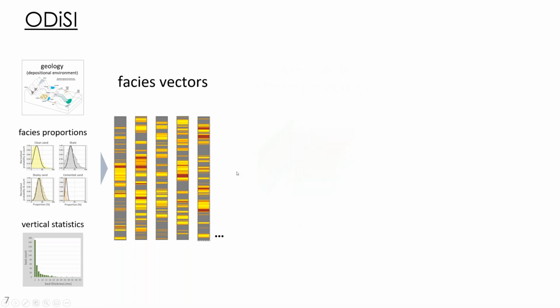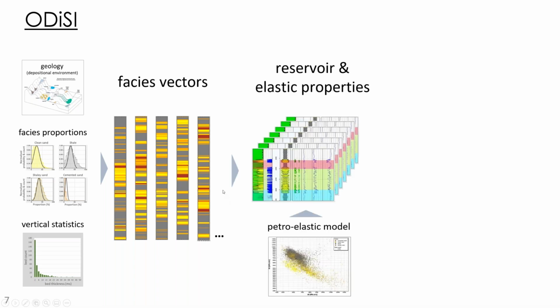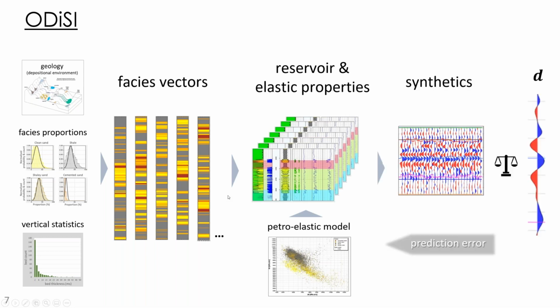We assign elastic properties to them from our petroelastic model. We build synthetics, and in the case of ODiSI, we select the facies vectors which provided the lowest prediction error. So again, the whole process is all about minimizing prediction error. We finish up with a full model at the end of the day, with the minimum prediction error that we can find.